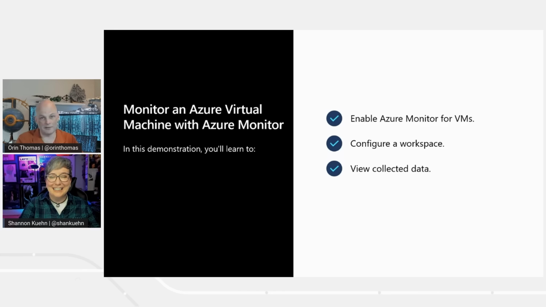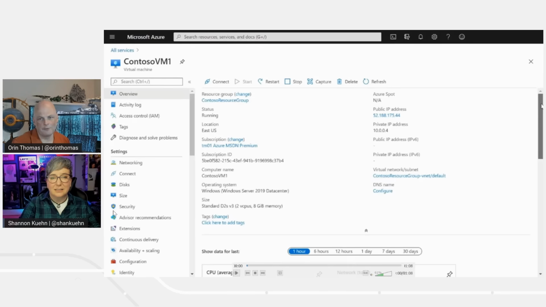Anyway, so now that I've done my duty, Isadora, what we will be doing in this particular demo is turning on monitoring for an IaaS VM. So let's start walking through the demo.